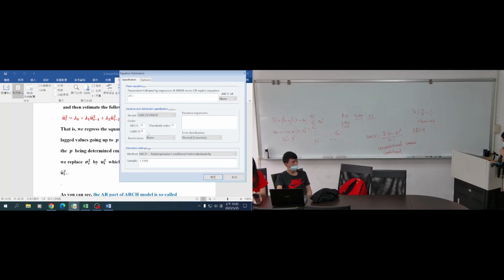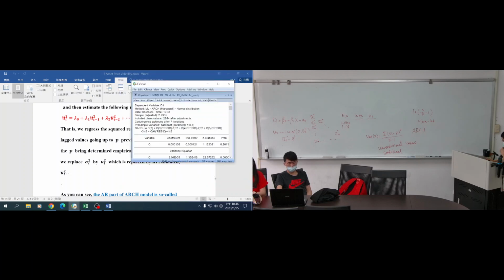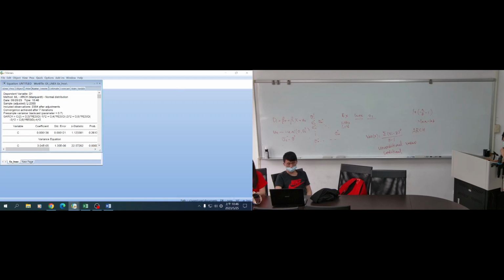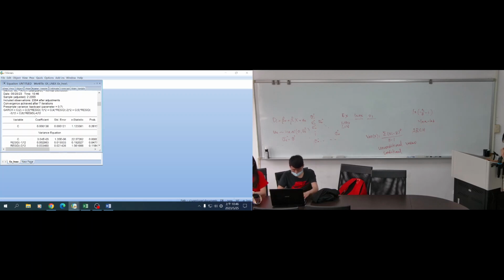Let's look at this. This is what we call the ARCH model. With it, I estimate not only the mean equation, but also the variance equation.